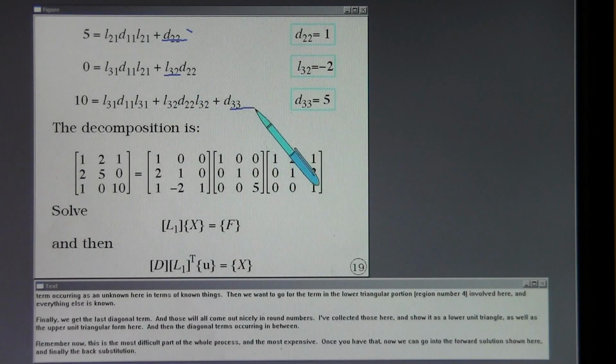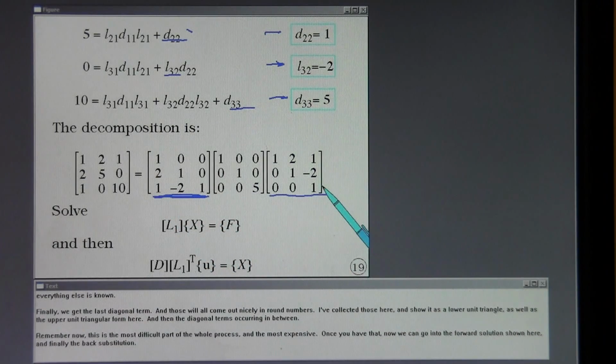Finally, we get the last diagonal term. And those have all come out nicely in round numbers. I've collected those here and show it as a lower unit triangle as well as the upper unit triangular form here. And then the diagonal terms occurring in between.